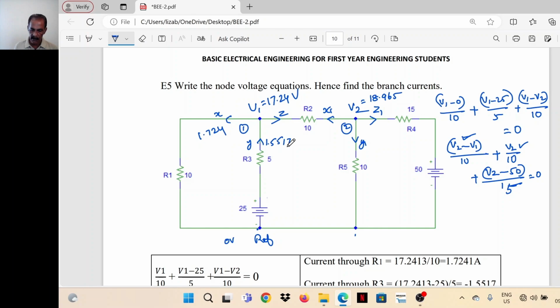Z is equal to 17.24 minus 18.96 divided by 10. Obviously, it is a negative quantity, so the sign is not correct. Reverse it.